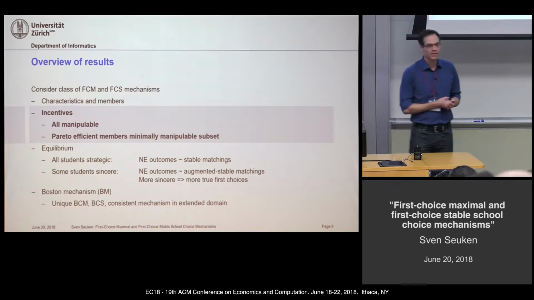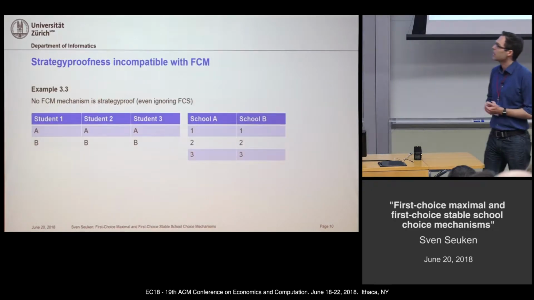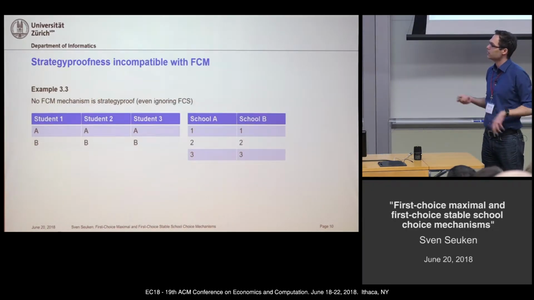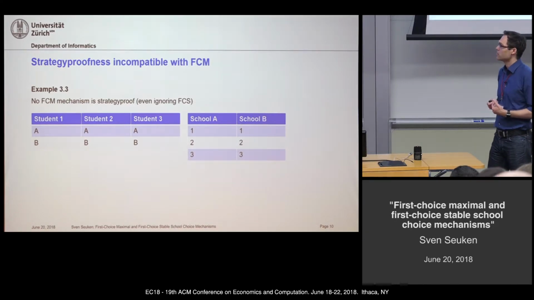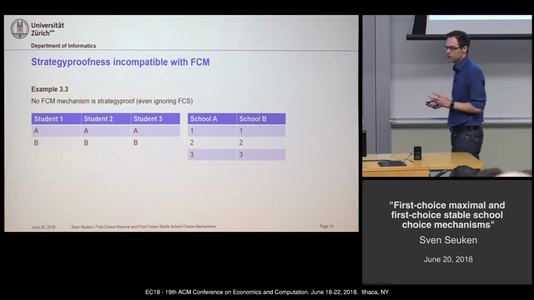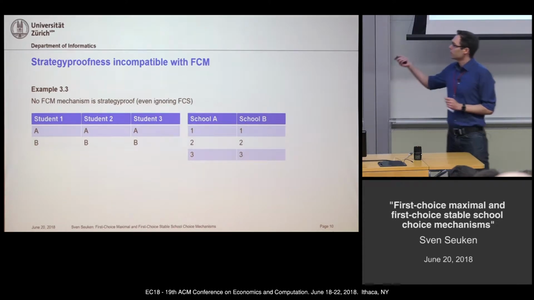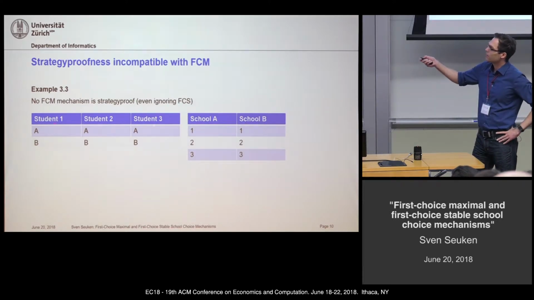So now let's look at the incentives. The first result that's also easy to see but instructive is that no first choice maximal mechanism is strategy proof, even if we ignore first choice stability. Let's walk through this little example again. We have 3 students with the same preferences over schools, A over B, and the two schools again with this preference order, priority ranking over students.